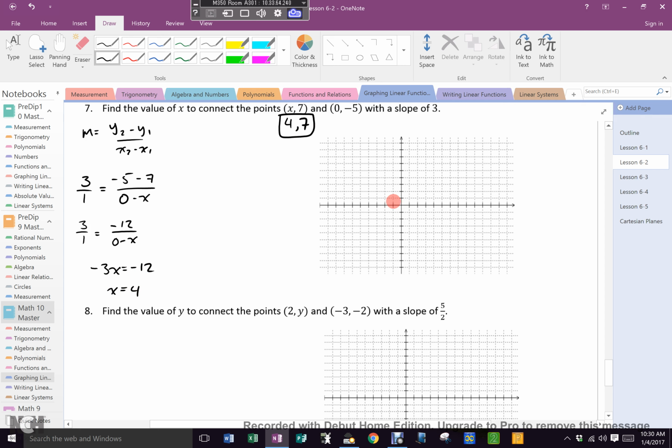If you did it with the graph, can everybody do this?